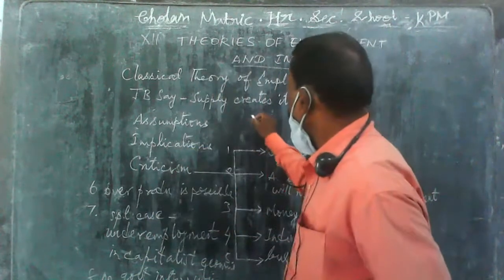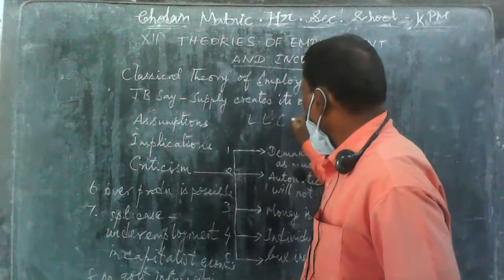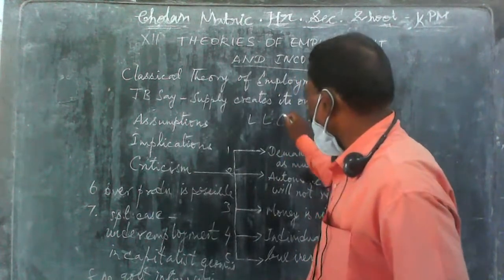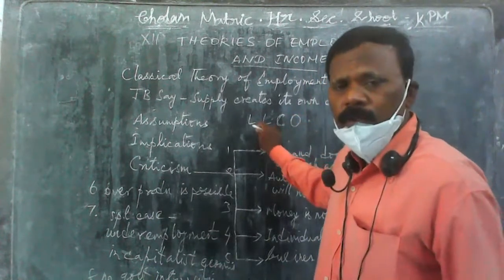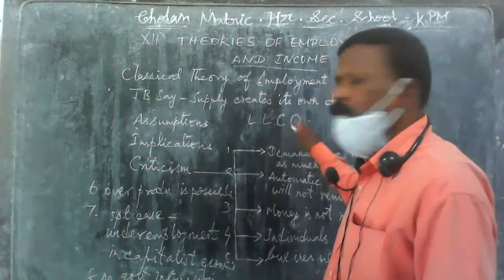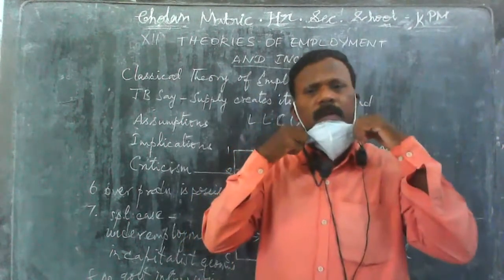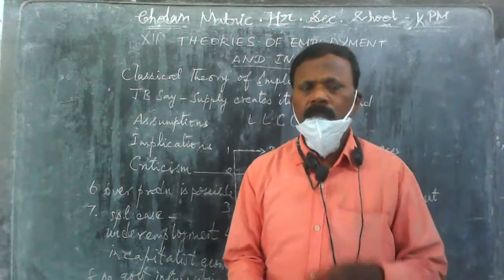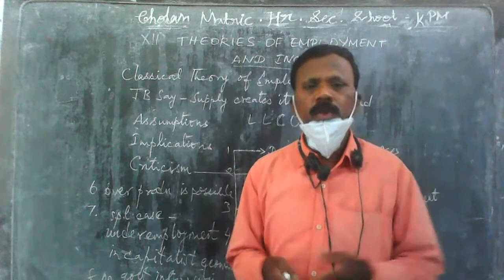You see, land, labor, capital, and organization. These are the factors of production. Without these factors, production cannot function. That is why these four are very essential to produce goods and services.